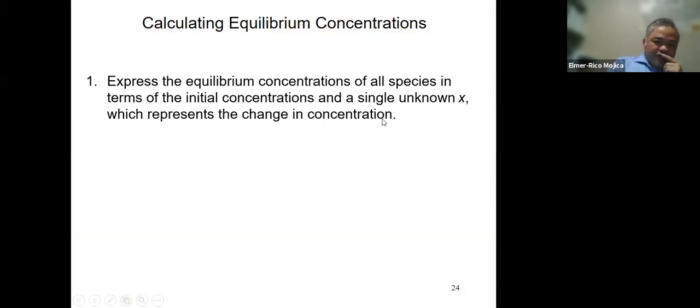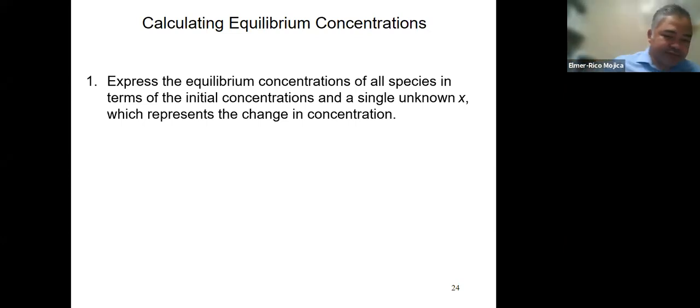Now, what we have discussed so far is if QC is greater than KC, then the reaction should go in the backward direction for equilibrium to be reached. So what we have discussed so far is what if everything is given, and all you need to do is determine the QC or the KC.